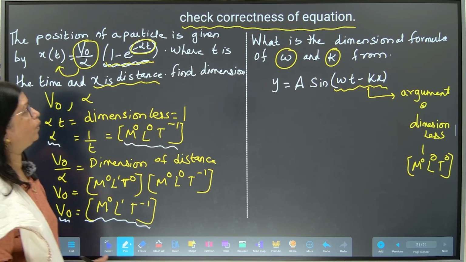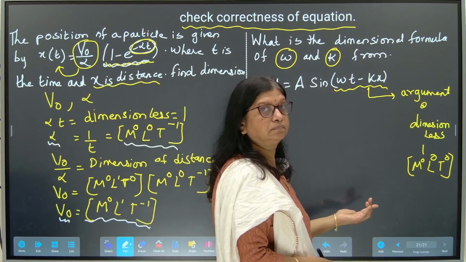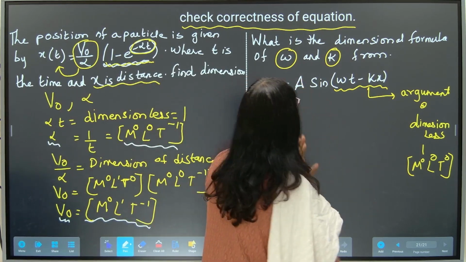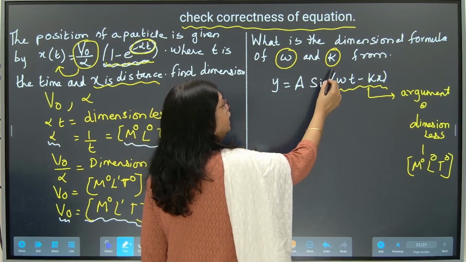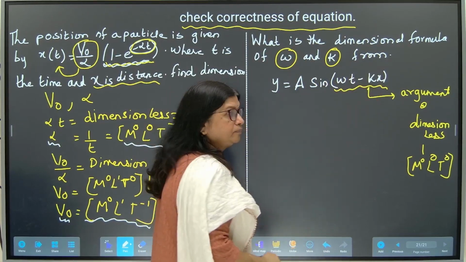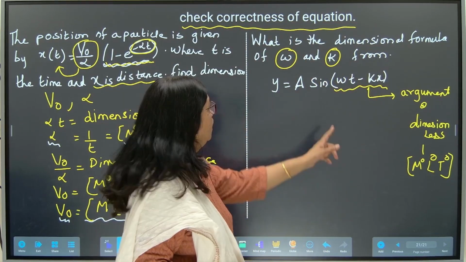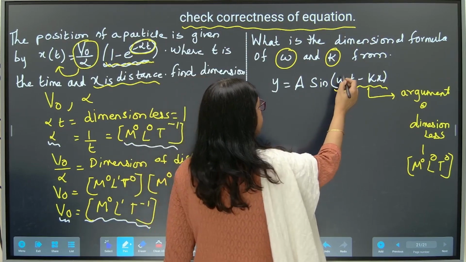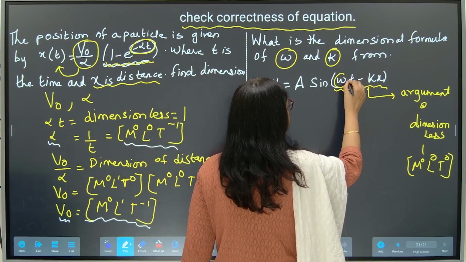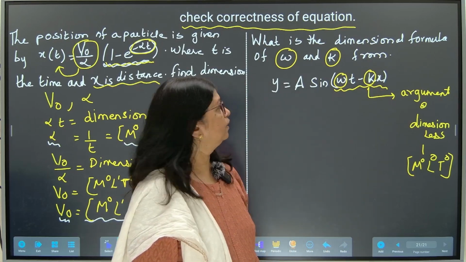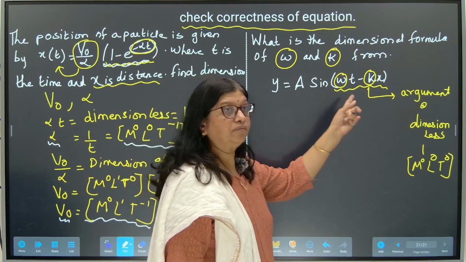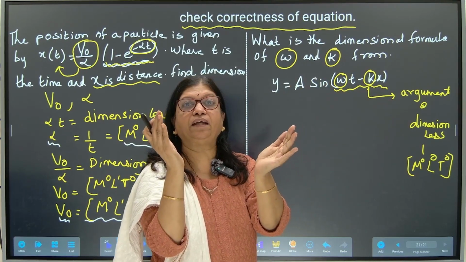Okay. So now I shall go to this question in which I am asked what is the dimension formula of omega and k from this equation. Agreed? Now omega and k, they both are physical quantities. But they are within the bracket of sine.